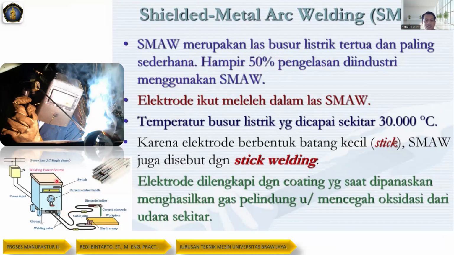There's an electrode here, a switch, power input from electricity, and then the electrode and an earth clamp to clamp the material or specimen here. So the heating comes from the electricity.